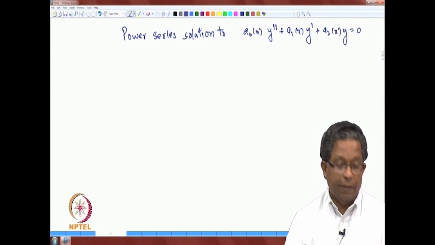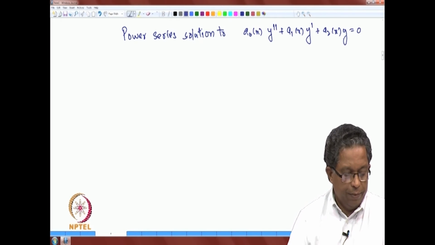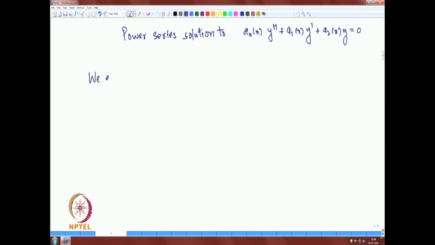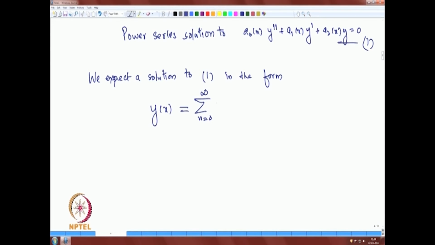And what we expect is a solution to this equation in the form y of x is equal to summation n goes from 0 to infinity c n (x minus x 0) to the power n, where c 0, c 1, c 2 etc. are constants.